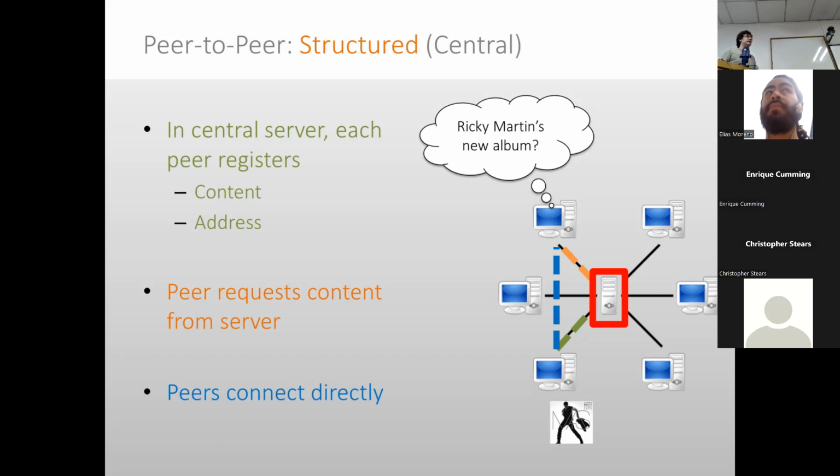What if we have many servers like the same problem? If you had many central servers, there's another kind of peer-to-peer topology that we'll talk about, which goes in the way of supernodes.